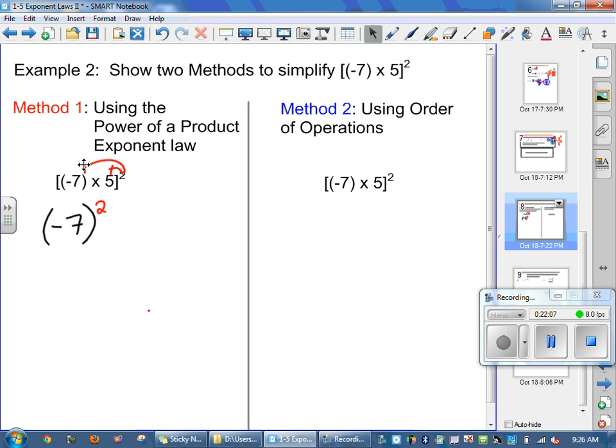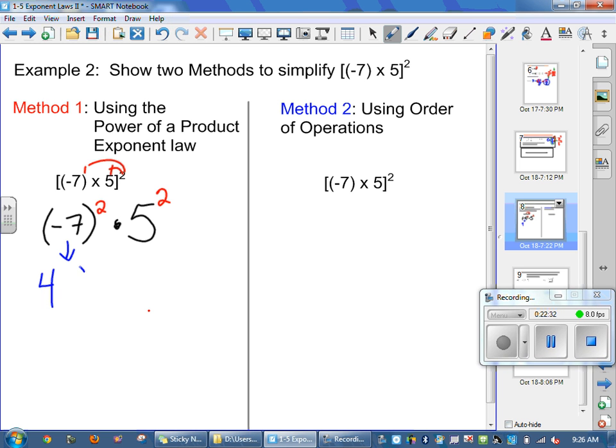Now I can solve both of those because they're digits. So I use my bedmass rules, which means I have to solve the exponents before I can multiply them. A negative 7 times a negative 7 gives me how big? Positive 49. And how big is 5 times 5? 25.